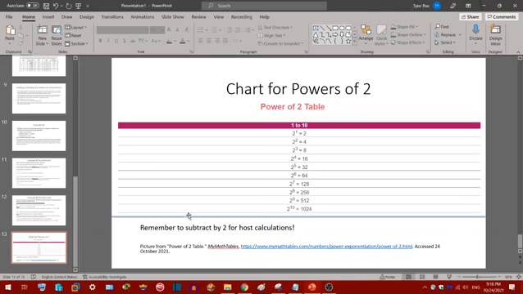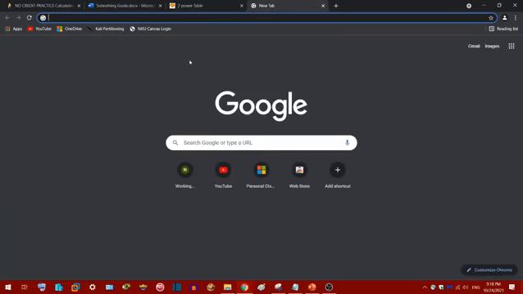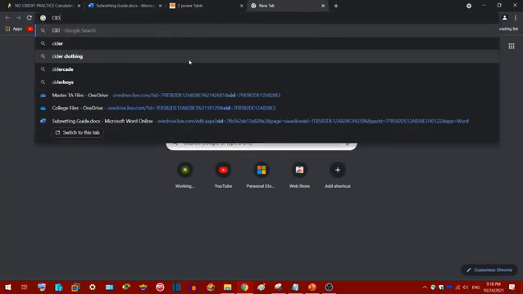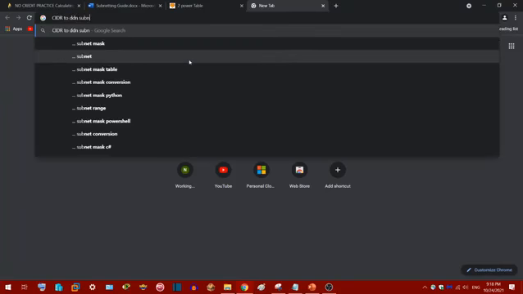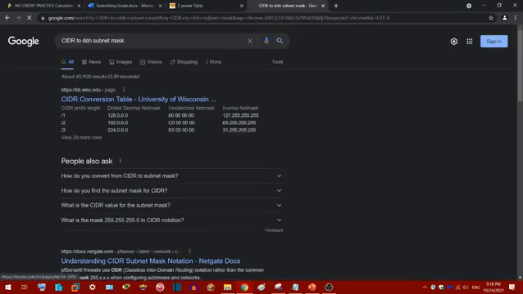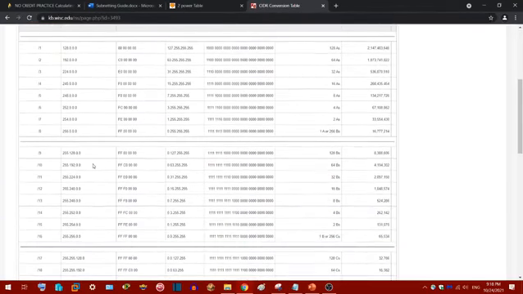Now there was one other thing that you need to do, which is go from CIDR to subnet mask notation. For that, I would recommend just looking up some kind of website.